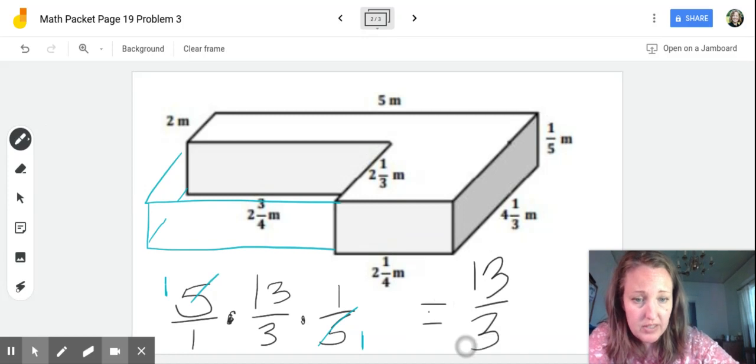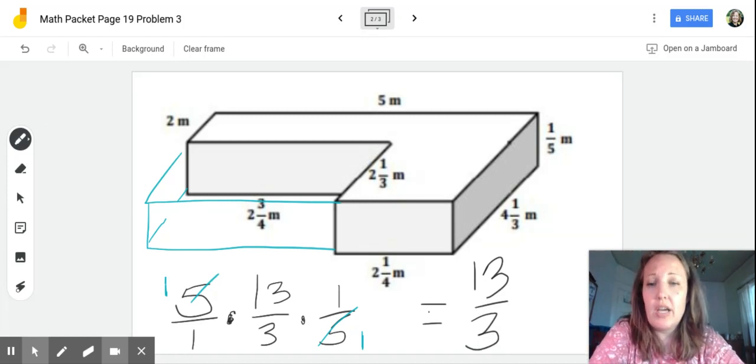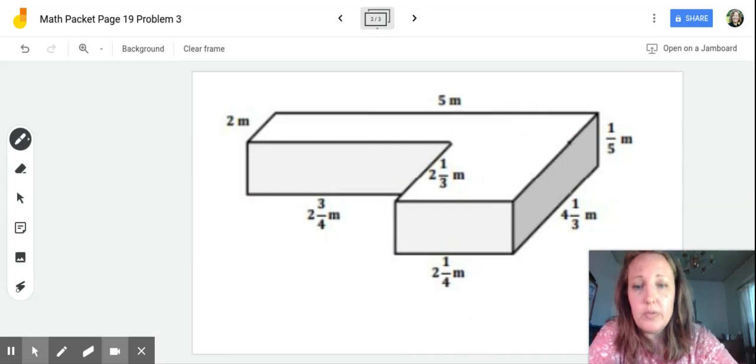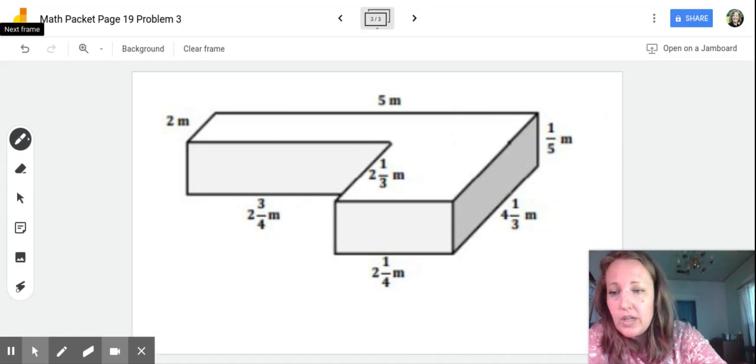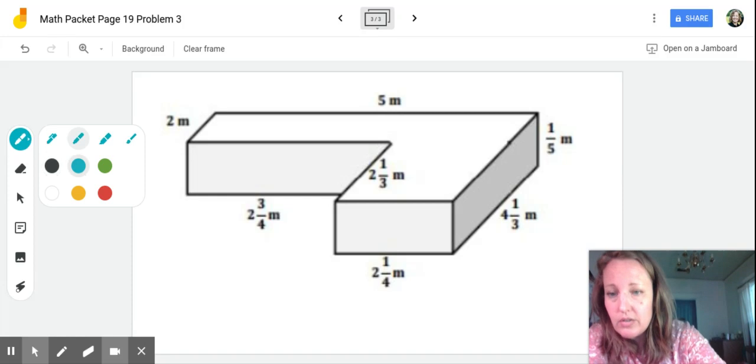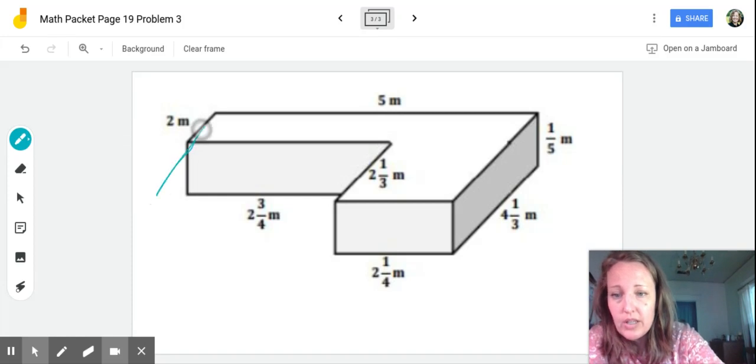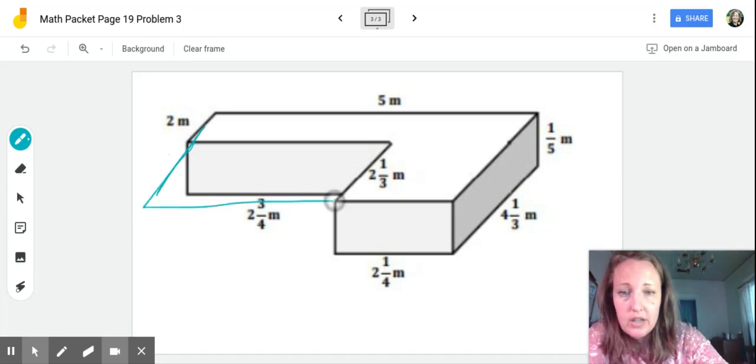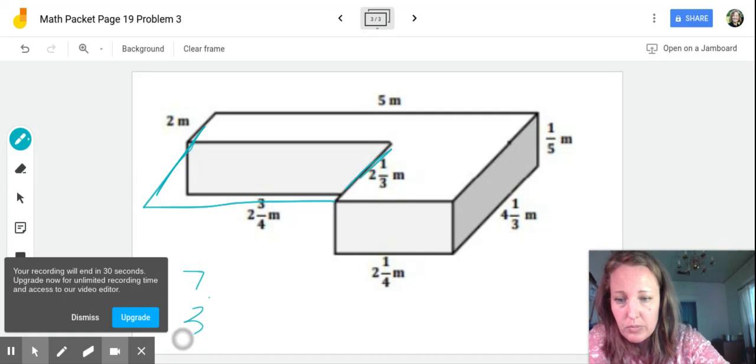Then we have to subtract this other piece, okay? For that other piece, I'm going to go here, and we're going to use these dimensions. Going along here, we're going to use 2 1/3, which is 7 thirds as an improper fraction.